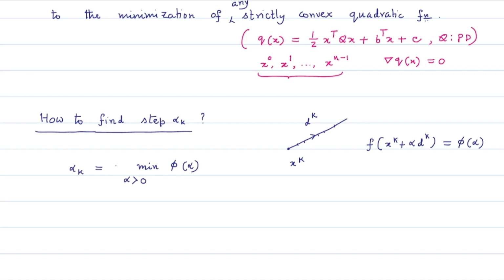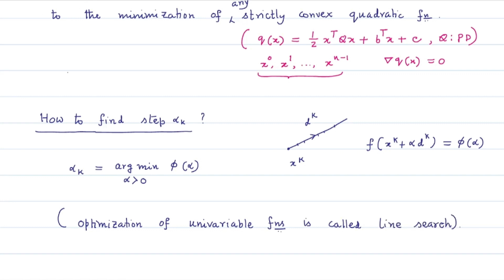So alpha k is the argument point of the function phi at which the function phi gets a minimum value. This minimization or optimization of one variable functions is referred to as line search.